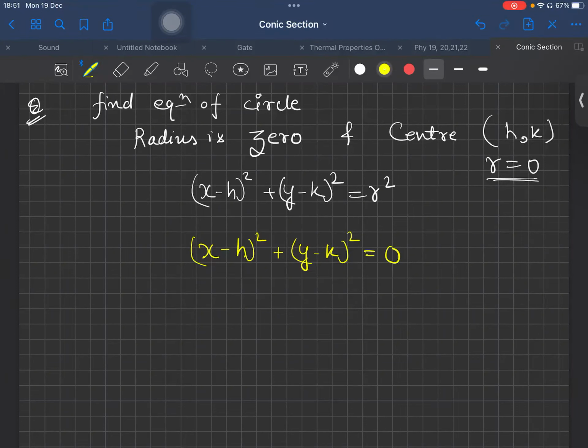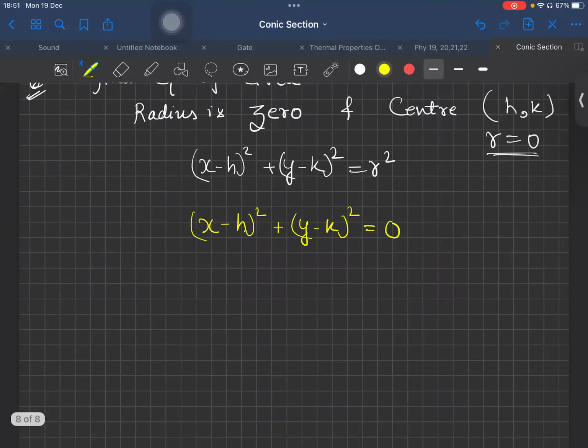Now what is this? This is called a zero circle or point circle. These circles are called point circles or zero circles.